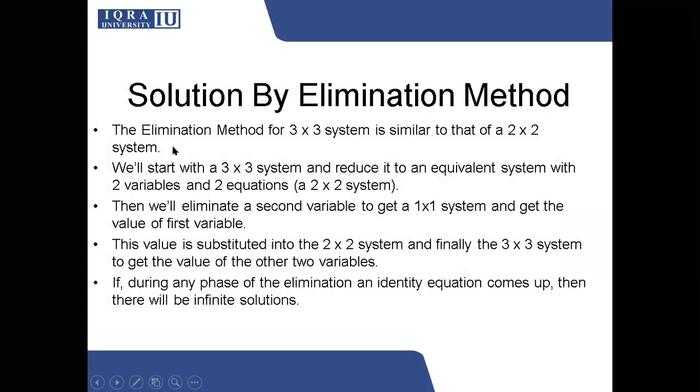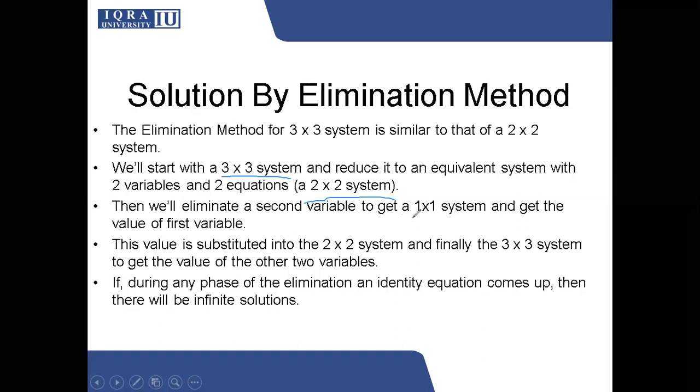But obviously, a much better approach is to solve these systems of equations using the elimination method. The elimination method for a 3 by 3 is pretty much similar to that of a 2 by 2 system. We start off with a 3 by 3 system, and we convert it into a 2 by 2 system. Then we solve that 2 by 2 system using the methods that we've already discussed above.